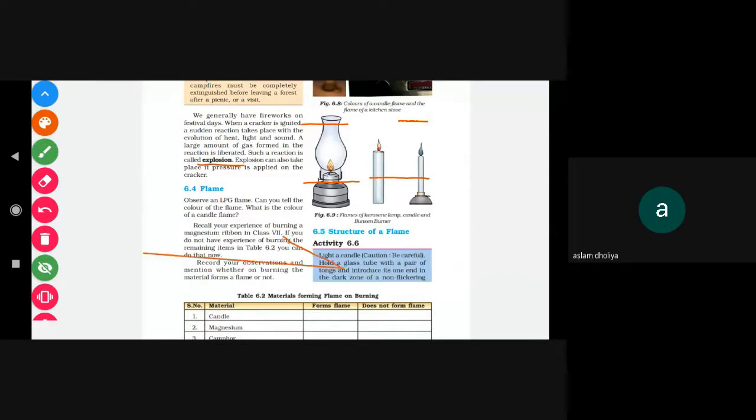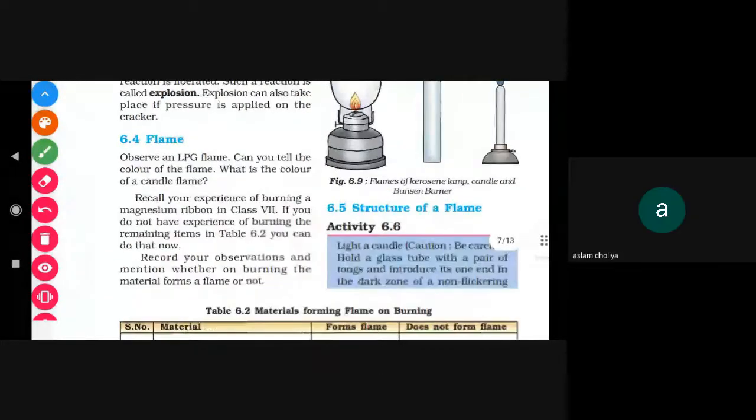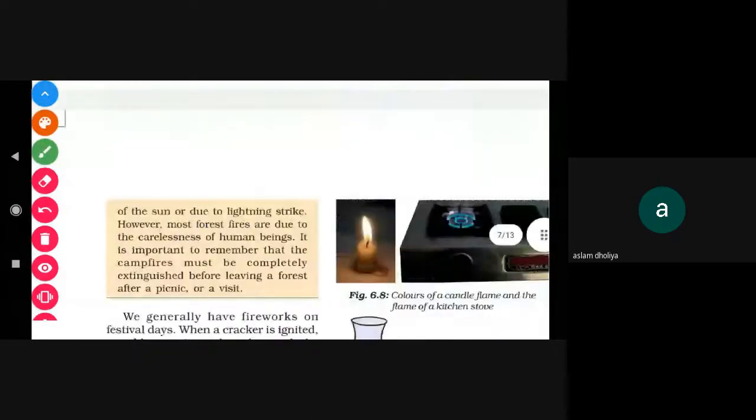Okay. Who wants to read now? Ma'am, can I read? Only definitions. Ma'am, we have to write all these definitions, right? Yes. Should I make you write right now?